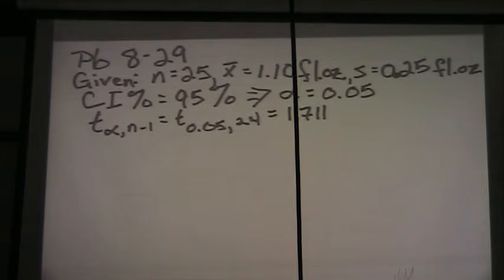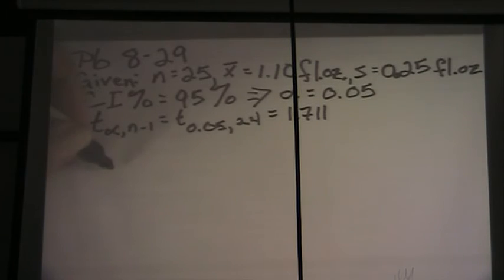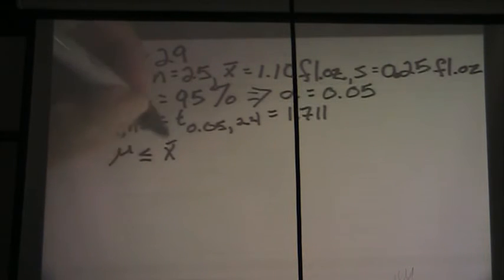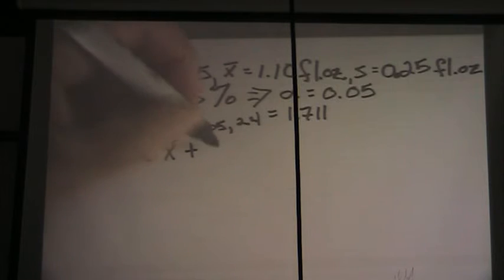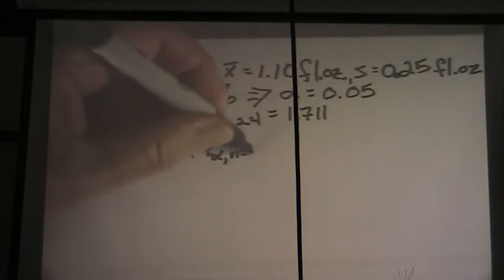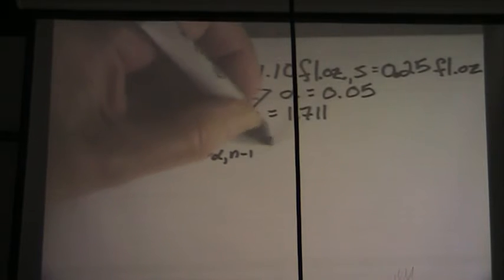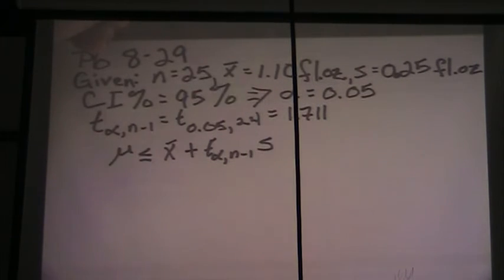Our upper bound formula is that mu is less than or equal to x bar plus T alpha with n minus 1 degrees of freedom times sample standard deviation divided by square root of n.